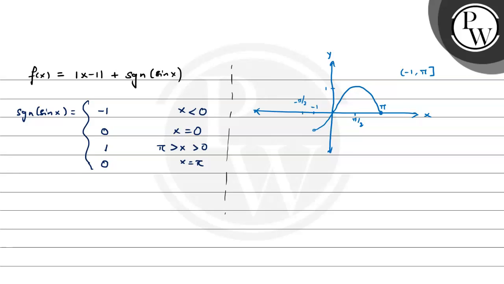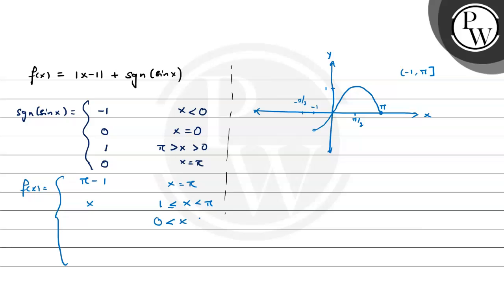Now, with the help of signum of sin x, let's simplify f(x) and write it in piecewise fashion. So function f(x) will be equal to: at x equals pi, the functional value will be pi minus 1. When x lies between 1 and pi, the input x minus 1 will be greater than 0, so the functional value will be x minus 1 plus 1, that is x.